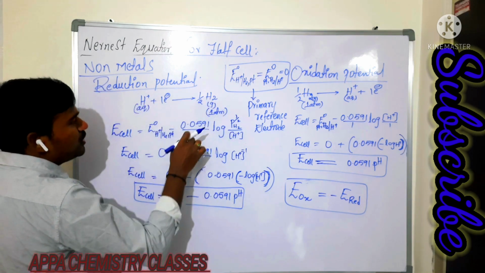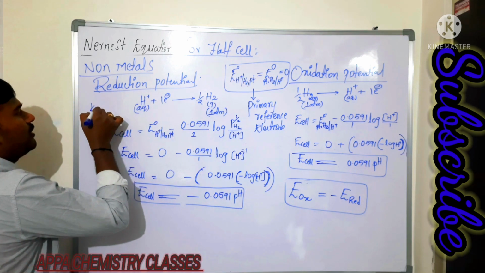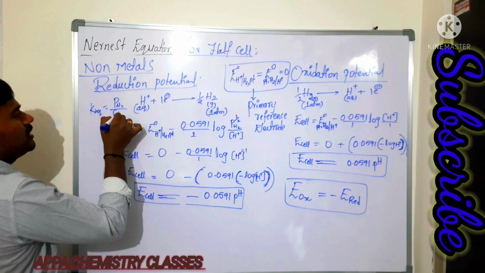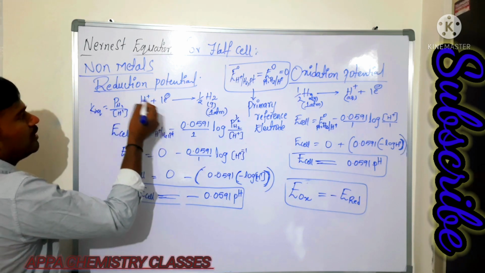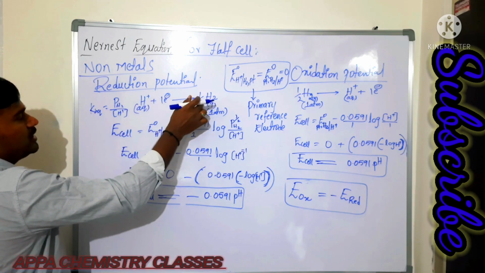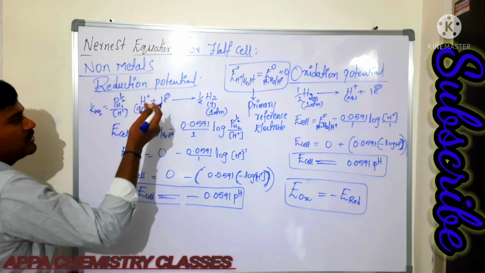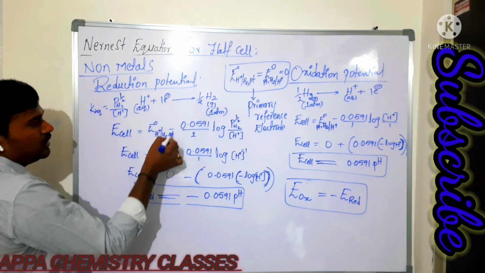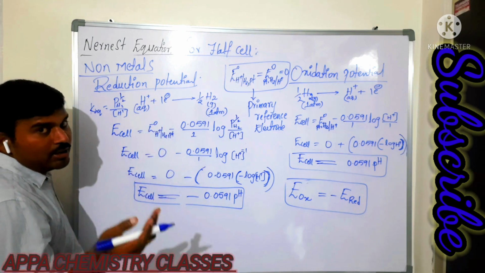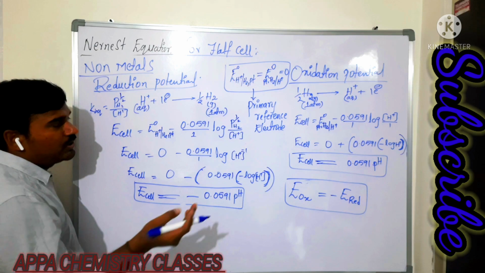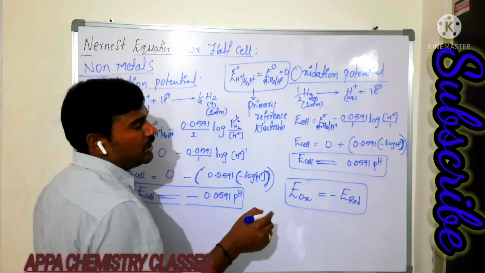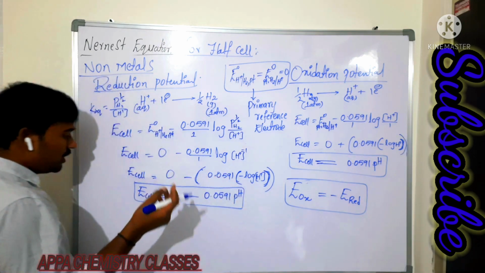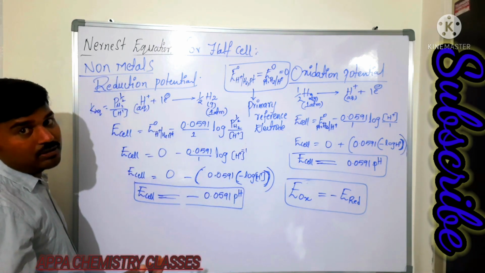In the case of gases, the equilibrium constant involves the partial pressure of the gas by the concentration of H⁺ ion. The partial pressure of hydrogen is raised to the power 1 by 2, since the coefficients become exponents. We know that the standard electrode potential of the hydrogen electrode is 0. For that reason, hydrogen is taken as the primary reference electrode. With reference to that electrode only, we calculate the electrode potential of other compounds.